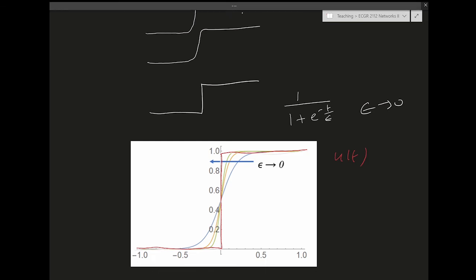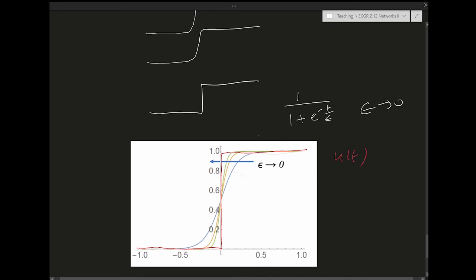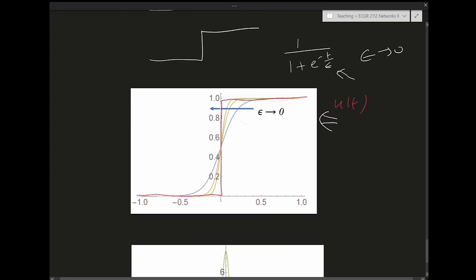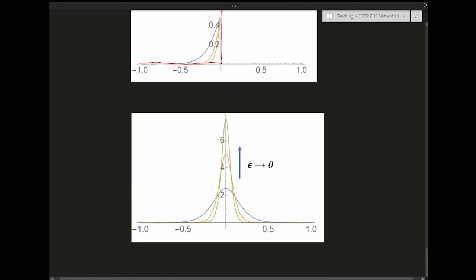Why did I want to introduce this sequence of functions approaching u of t? Because I want to differentiate u of t, and I cannot because it's discontinuous, but I can differentiate those functions. When I differentiate them and plot them, I get something interesting: families of curves that, as epsilon goes to 0, turn from short wide curves into narrow tall spikes.